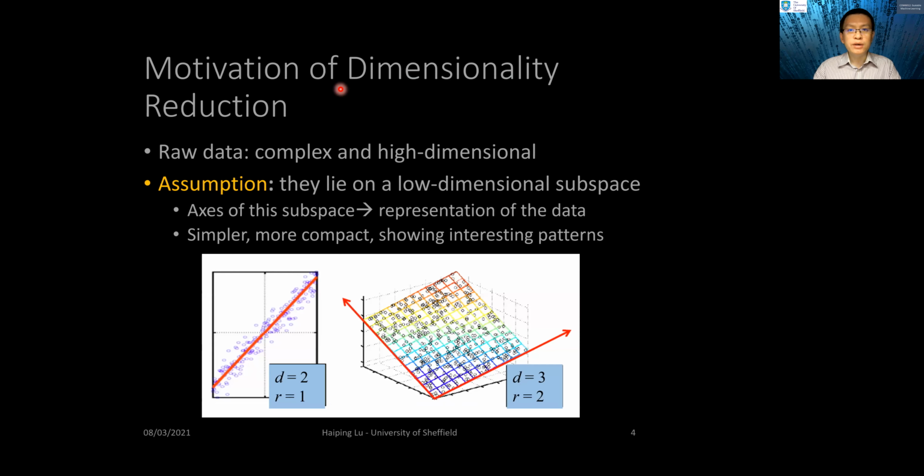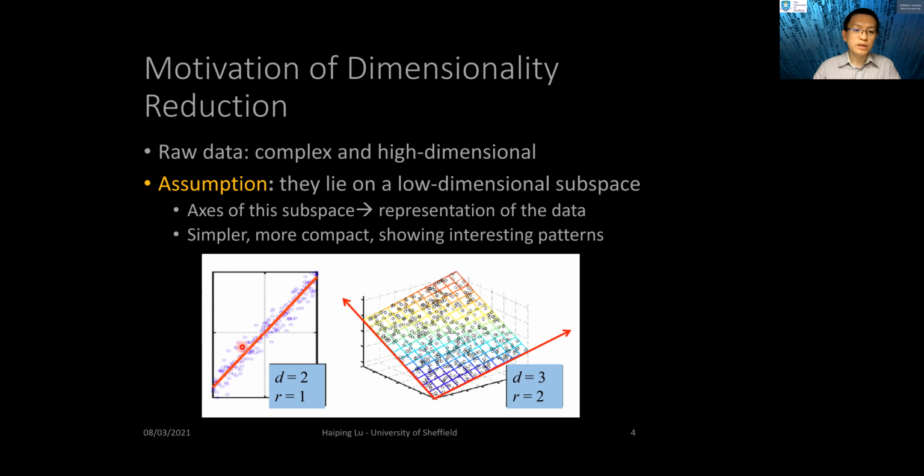The key assumption in dimensionality reduction is that these complex and high dimensional data actually lie on a low dimensional subspace. So the axes in this subspace will provide a new representation of the data, and we can reveal simpler, more compact, and interesting patterns from the data.